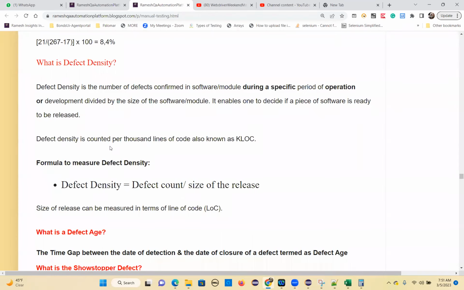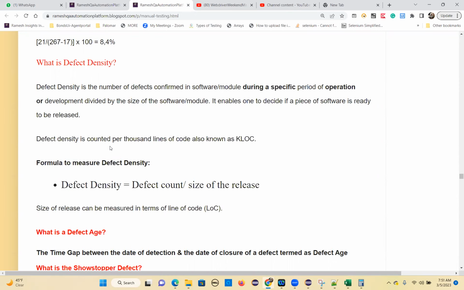So how many defects you found? Based on this defect density, people will decide whether to release this feature or not.